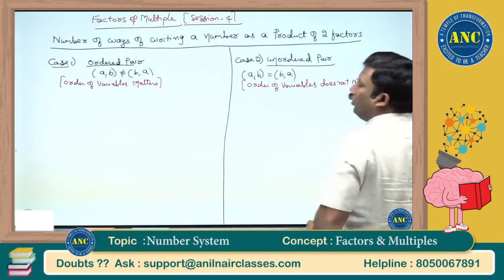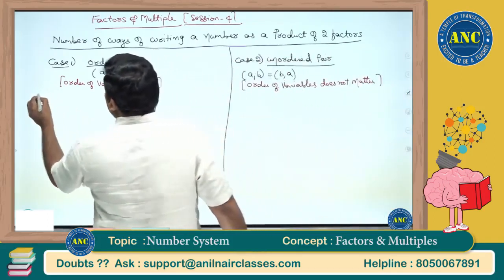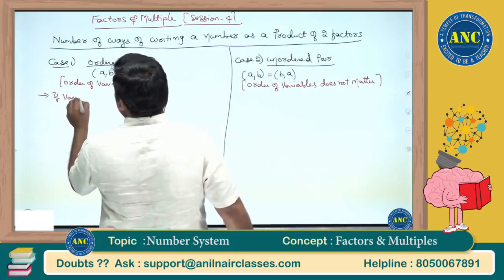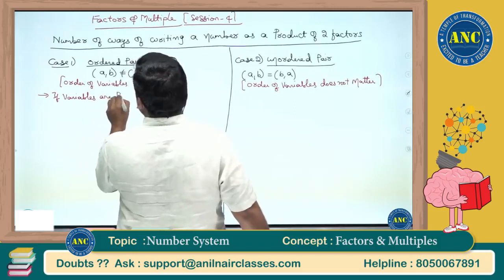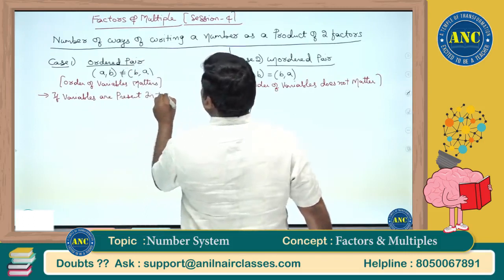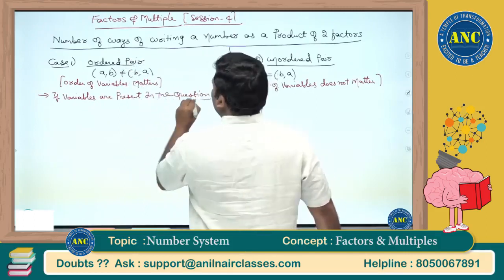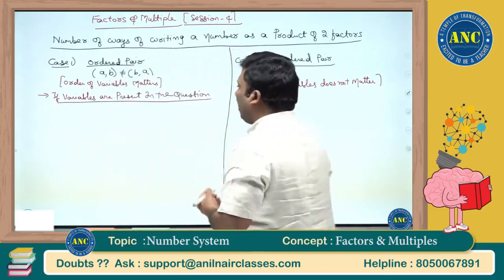Now, when to use ordered pair and when not to use ordered pair. First key point: if variables are present in the question, use ordered pair. Wherever you find variables in the question, use ordered pair.